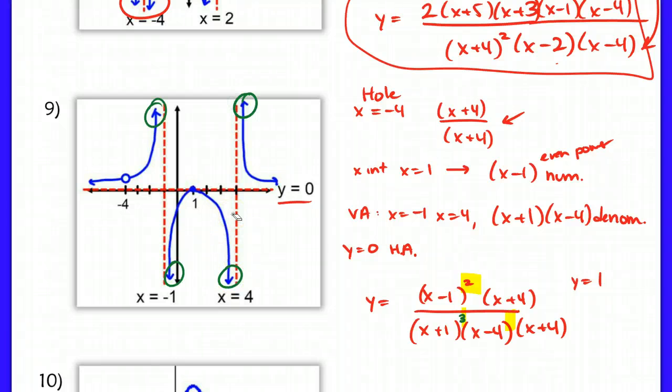So in this case, I could have picked the x plus 1 factor, or a resulting equation could be the exact same numerator, x minus 1 squared and x plus 4, over x plus 1 times x minus 4 cubed times x plus 4. Squeezing that in there. Either one of those would do, just as long as we have the degree of the denominator larger than the degree of the numerator.